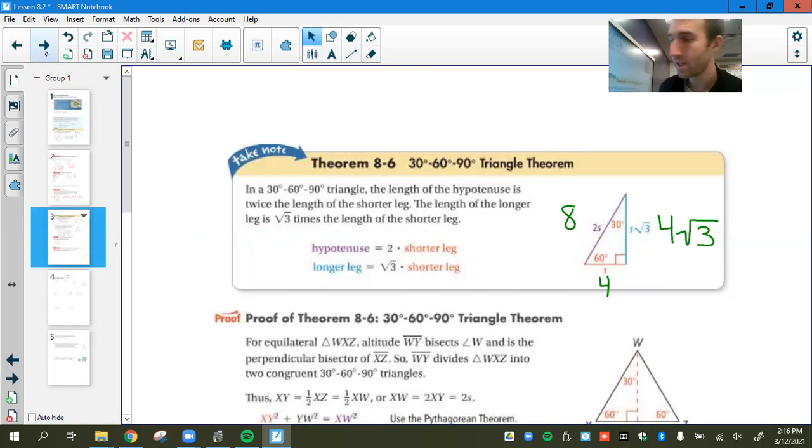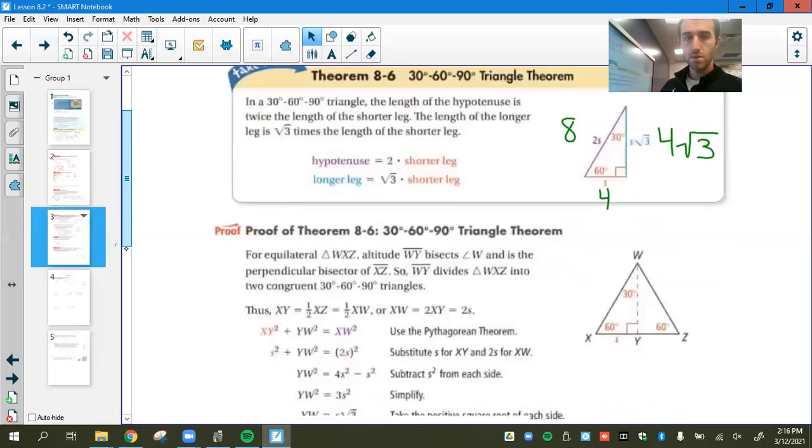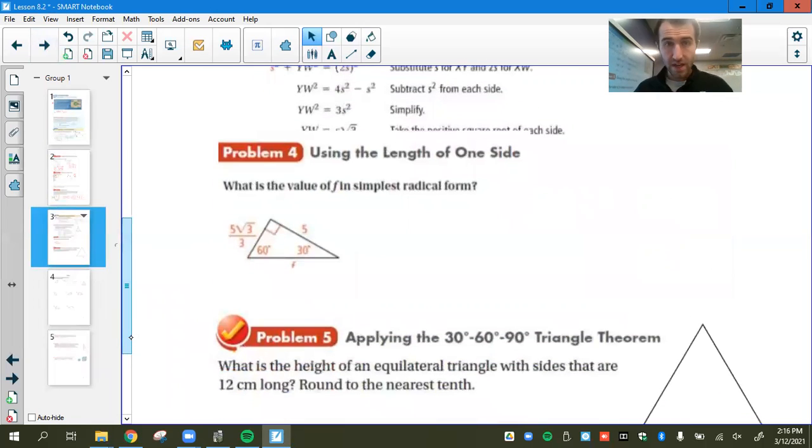Okay, so let's see if we can apply it to problem number 4 here. What is the value of f in simplest radical form? Okay, so we know the shortest length, 5 √3 divided by 3, and we know the longer leg, 5. We want to know the longest length, the hypotenuse. So really, that's just double the shortest.